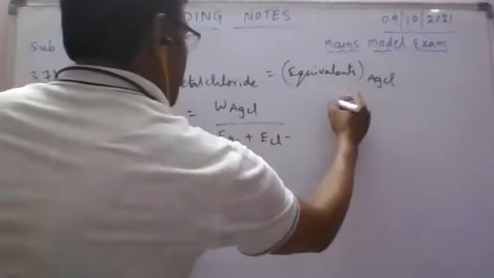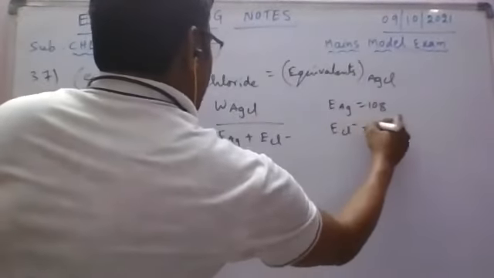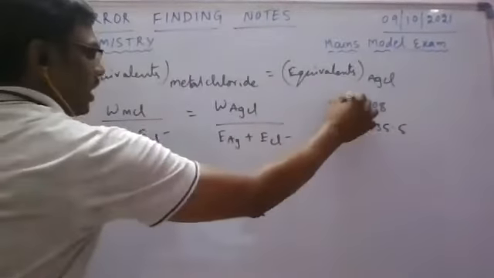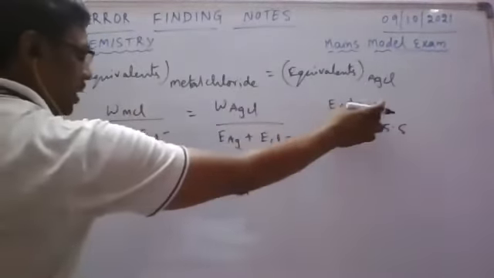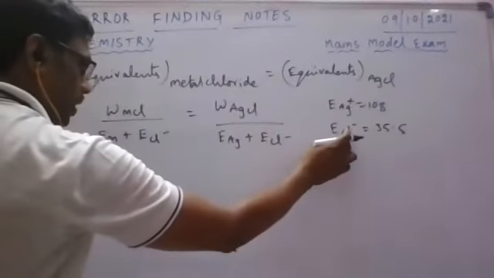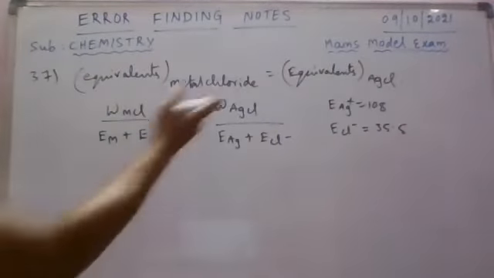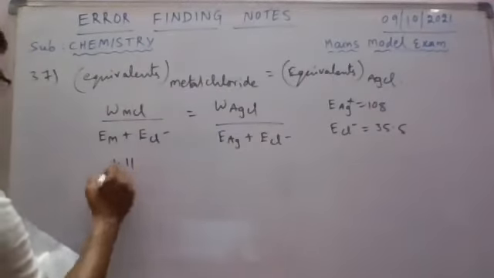Here the equivalent weight of silver is 108 and the equivalent weight of Cl minus is 35.5, because in both cases the valency is 1 only. Atomic weight by valency: atomic weight of silver 108 divided by 1, atomic weight of chlorine 35.5, valency 1. If you substitute the values, the metal chloride mass is given as 1.11.